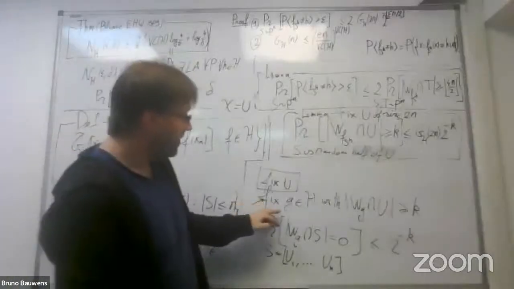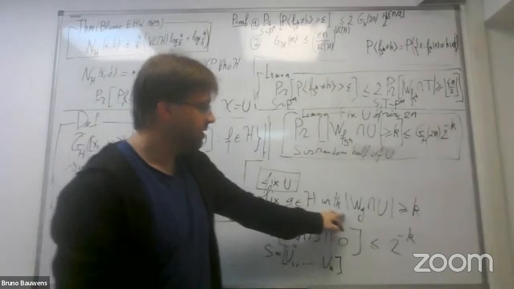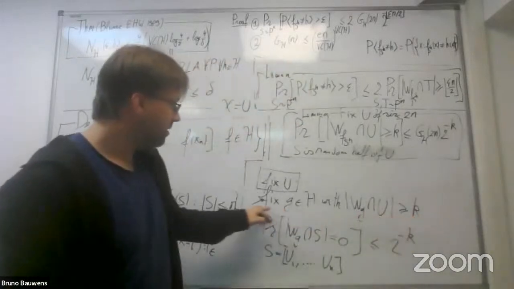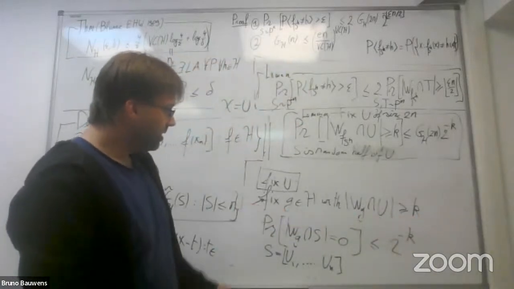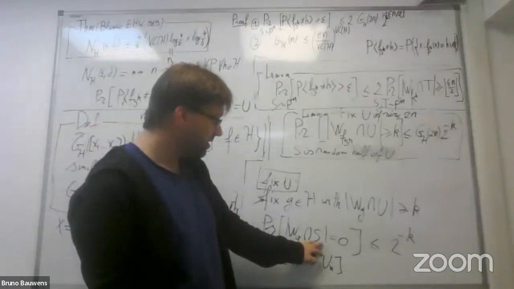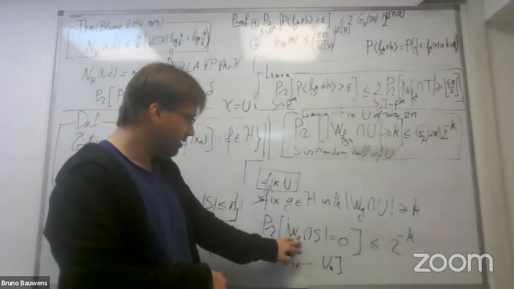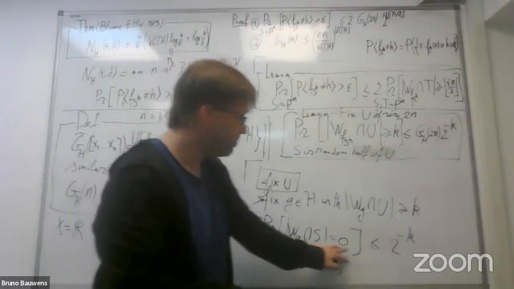When I say fix G and H with this property, we conclude that the training set avoids every mistake of G with this probability.